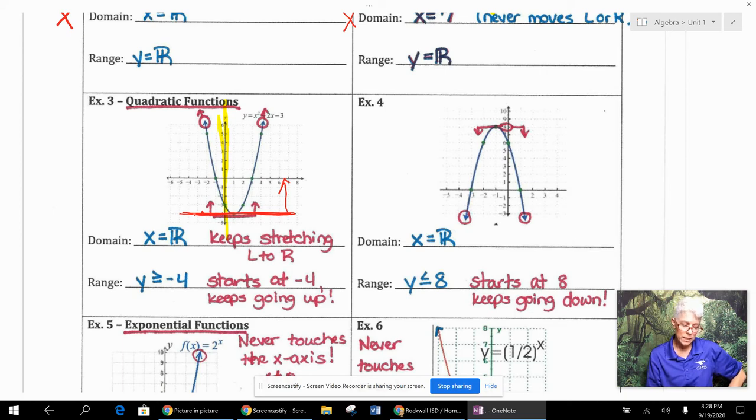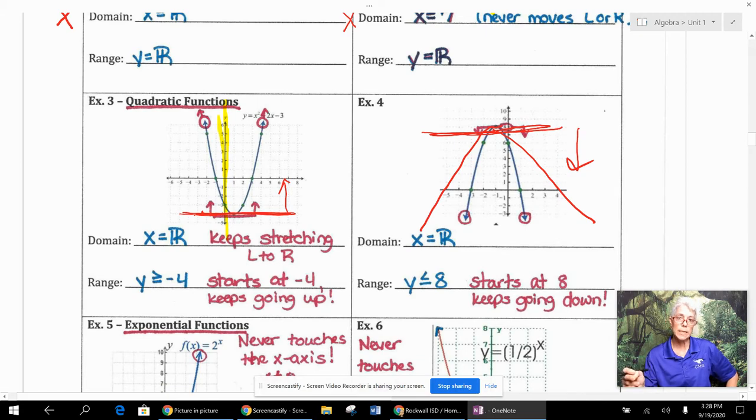And so now x is still all real numbers, because if I exaggerate this, you can see that it would cover everything going on for all infinity. But the range starts here and then it goes down. So y is less than or equal to 8.